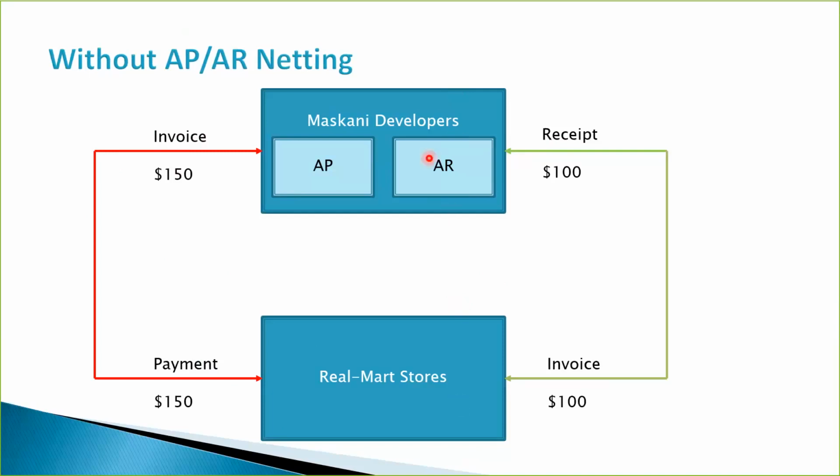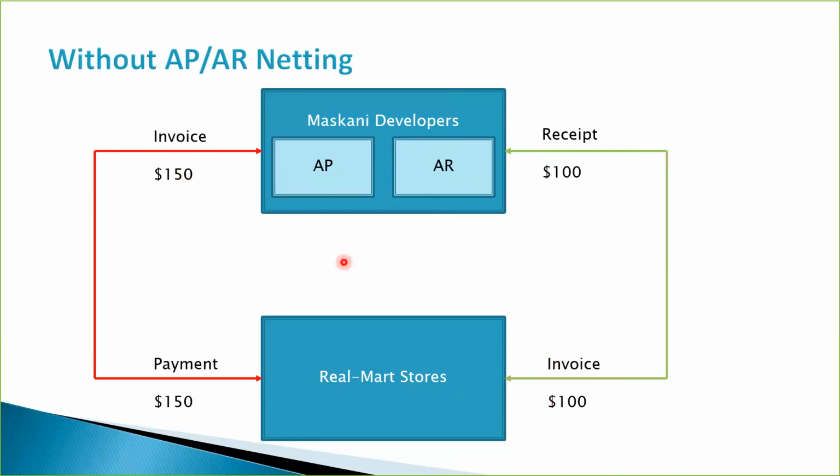So in AR, we will create a transaction outlining all those goods or services that we sold to Realmat. We will print out and send that transaction as an invoice to Realmat for $100. Because Realmat is a good customer, they will pay us the $100 which they owe us.